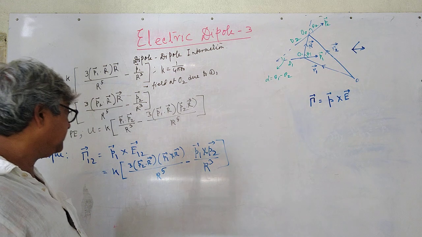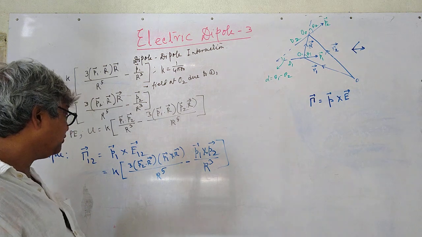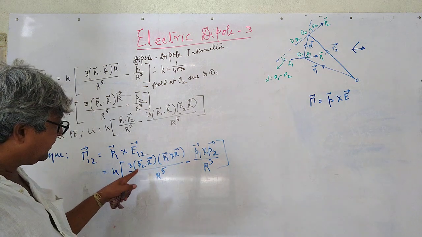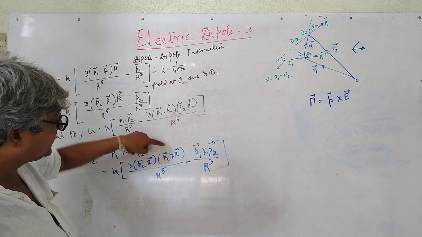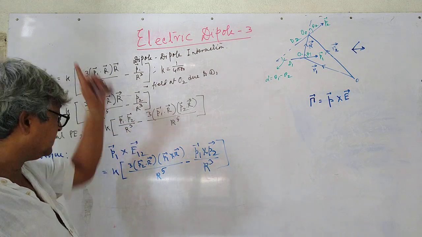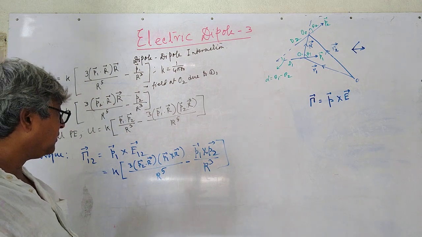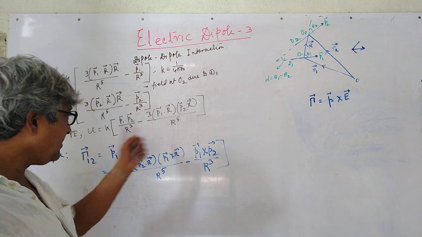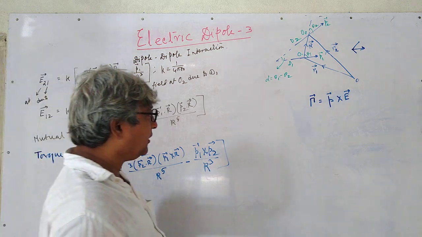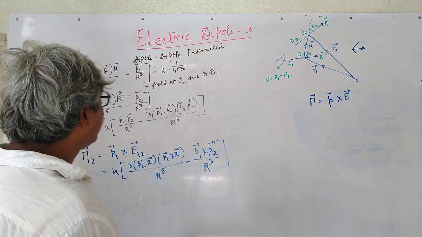They do not even have the same magnitude, because here the cos theta 2 sin theta 1 will appear, and in the other case the roles of theta 1 and theta 2 get interchanged. This is all about dipole interaction.